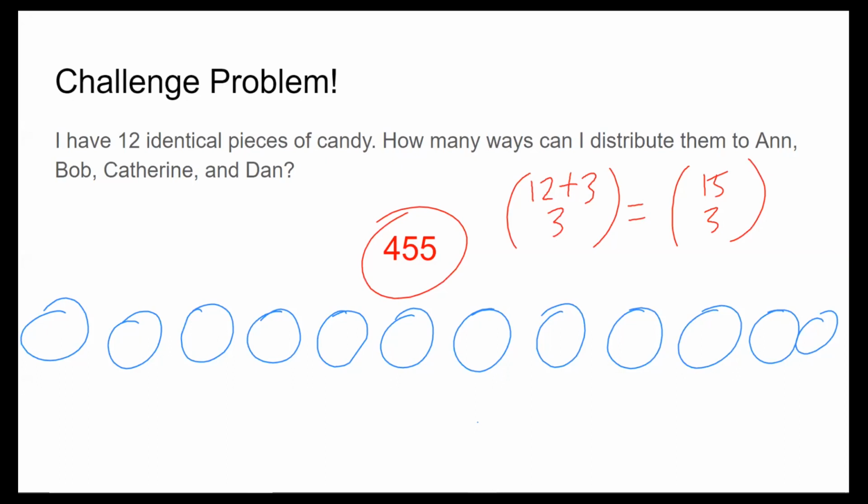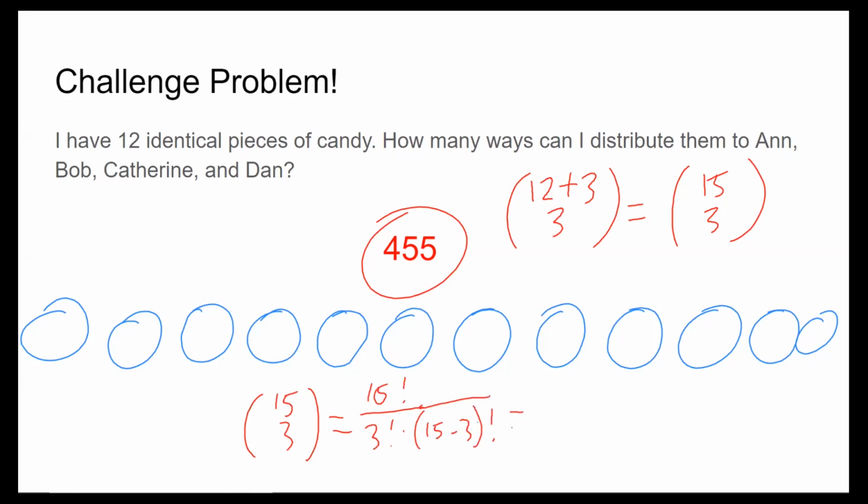So is everyone okay with that? Someone asked, why is 15 choose 3 455? Well, we learned that if we use the formula that we learned last week, then 15 choose 3 is equal to 15 factorial over 3 factorial times 15 minus 3 factorial.